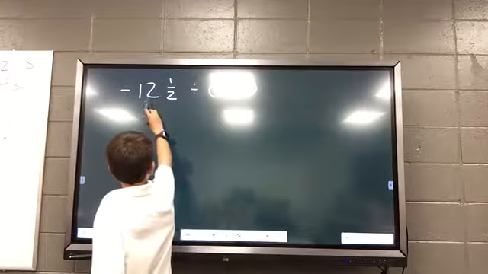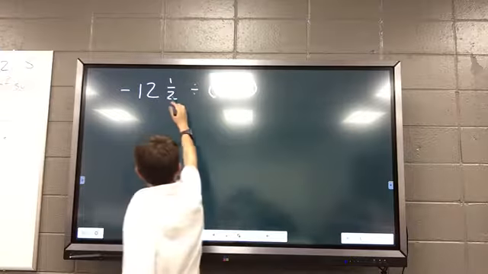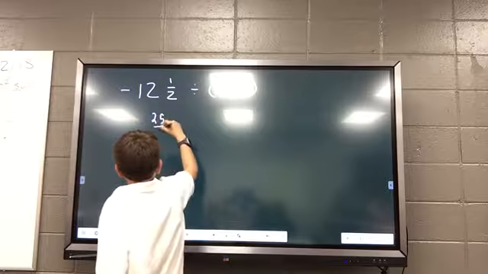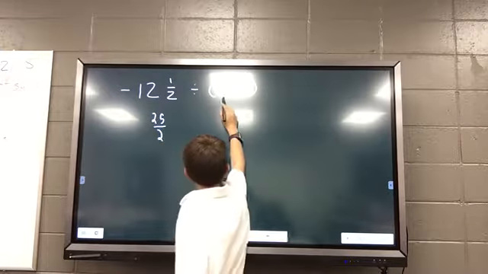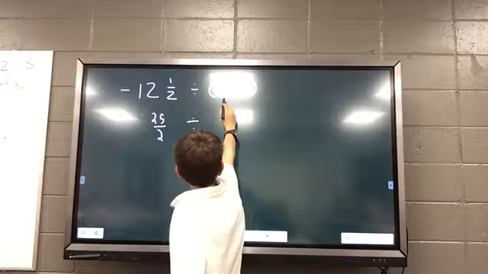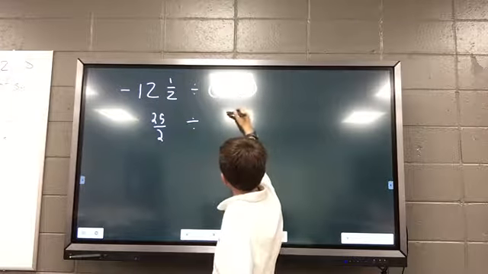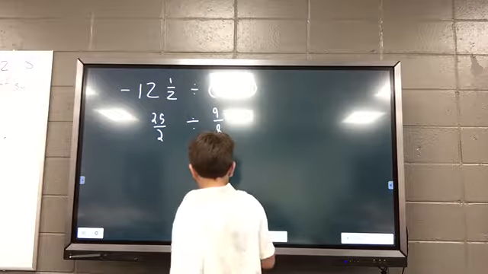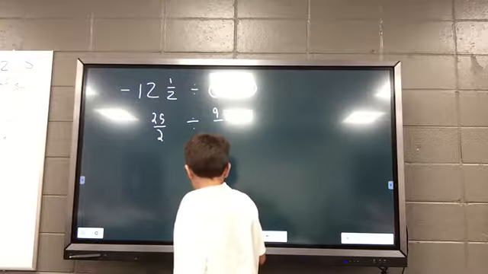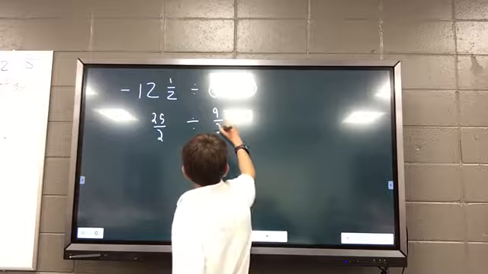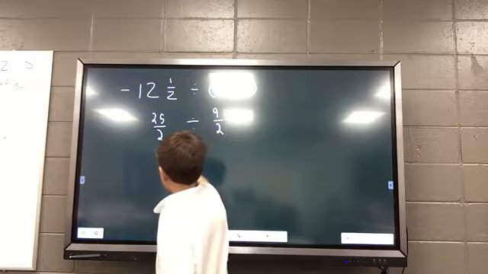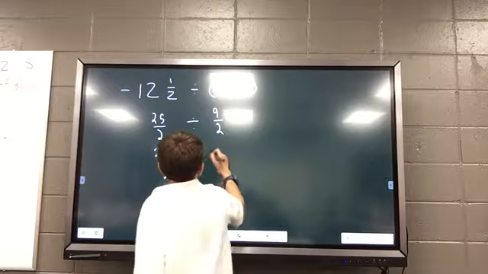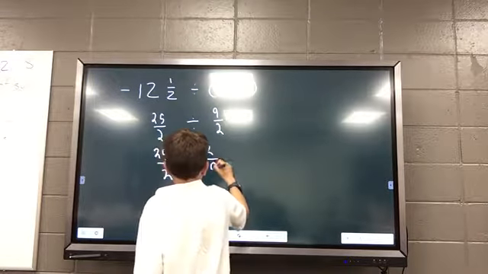Okay, so 12 multiplied by 2 equals 24, so that would be 25 halves. And then this is 4 times 2 equals 8, which is 9 halves. So then you would just say change, flip, so it would be 25 over 2 times 2 over 9.